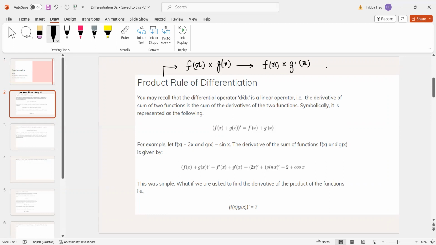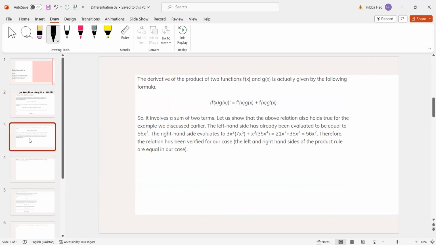This is going to give you the first term, plus, now you take the second expression and multiply it with the differential of the first expression. And that is how you're going to differentiate an expression that has a product of two functions. So we're going to look into how we can do this. This is basically the formula for it.